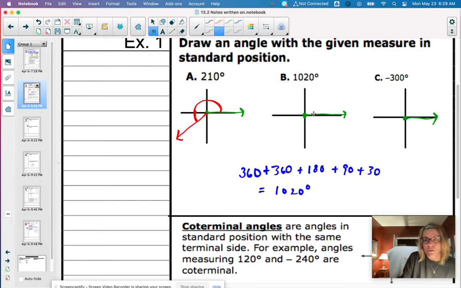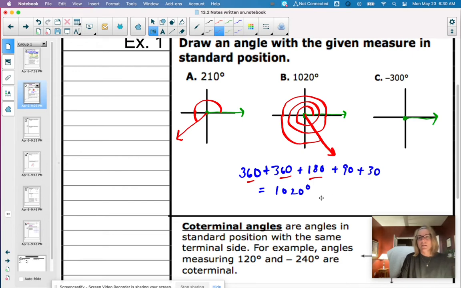We're going to do a full 360, and notice I'm going to loop over here because I have to keep going. Then I'm going to do another 360. Now I'm going to do a 180, which lands me right there. Then a 90, which lands me right there. And then an additional 30. That's where I end, and that's where I draw my terminal side. All of these add up to 1020.